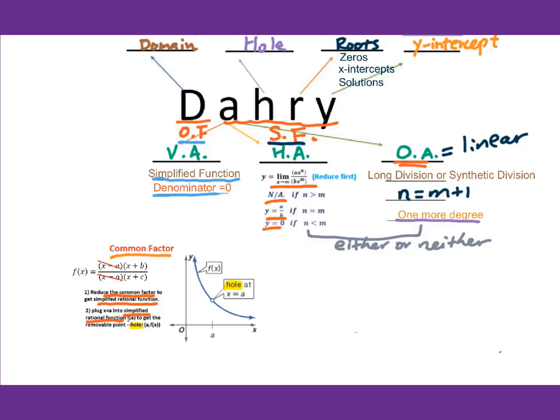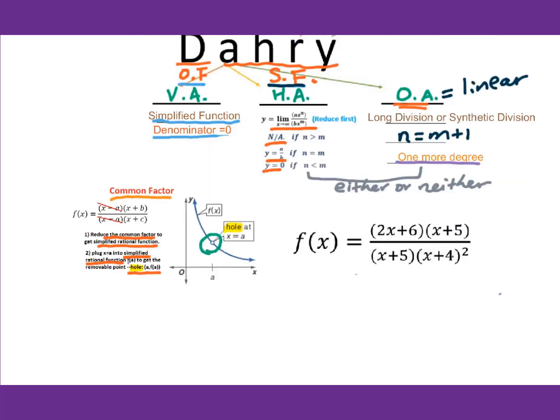Then when you sketch the graph, you will make an open circle on the graph of the rational function like this. For example, we have the common factor x plus 5 reduced. You will get a simplified rational function like this. How do you get the hole?